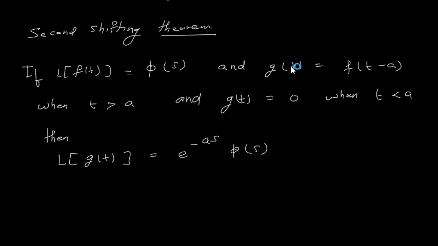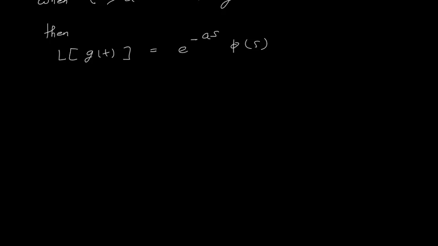Have you understood the statement? If the Laplace of f of t is phi of s, and g of t is f of t minus a for t greater than a, and it is 0 when t is less than a, then in that case the Laplace of g of t is equal to e power minus as into phi of s.